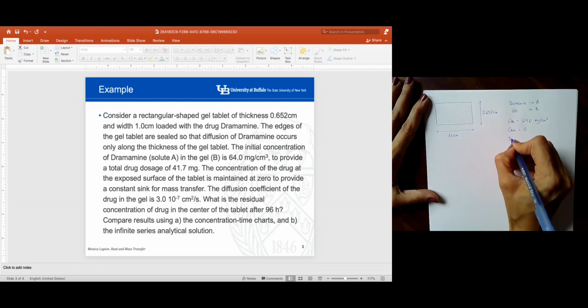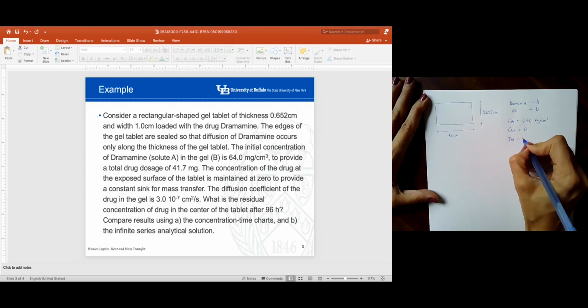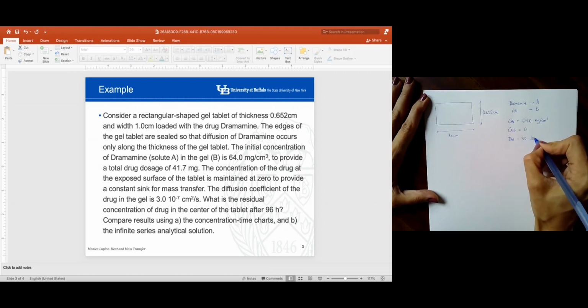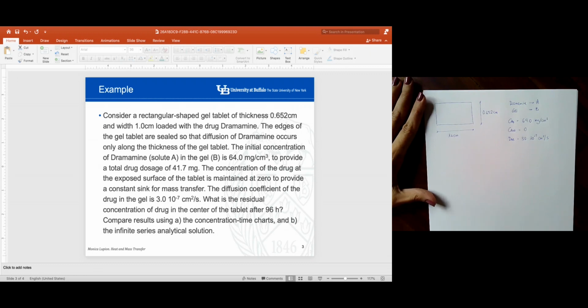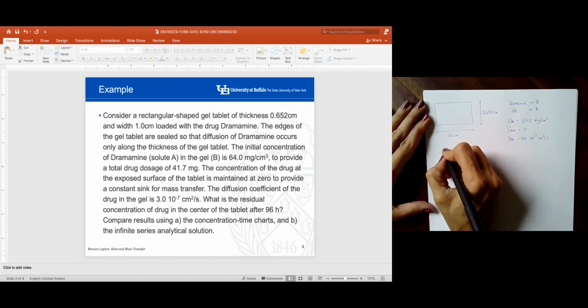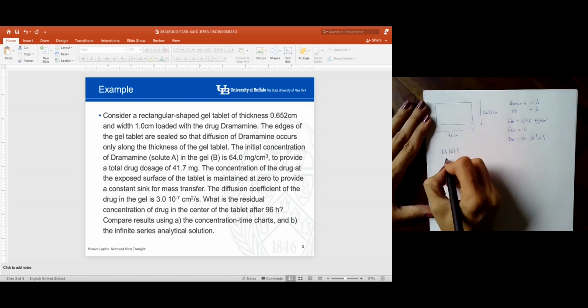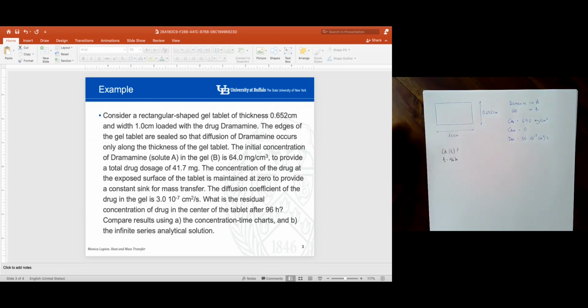We also know the diffusion coefficient is given, and this is equal to 3.0 times 10 to the minus 7 square centimeter per second. And we need to determine the value of the concentration after a certain amount of time, and this is 96 hours.